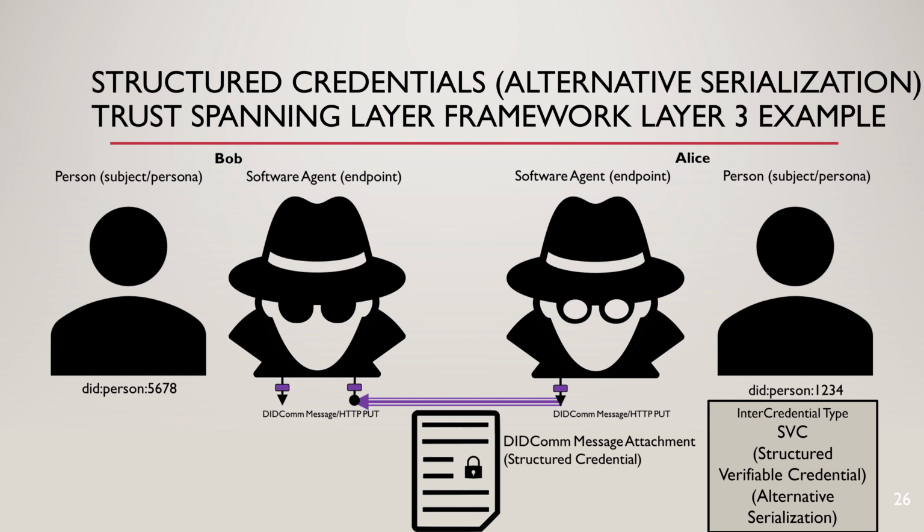And so again, Alice wants to send a structured credential to Bob, wants to send some data to Bob that's in the structured credential format. And so we see that represented at the bottom there by the structured verifiable credential. And of course, its blood type is structured verifiable credential.